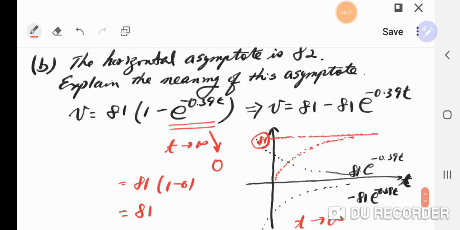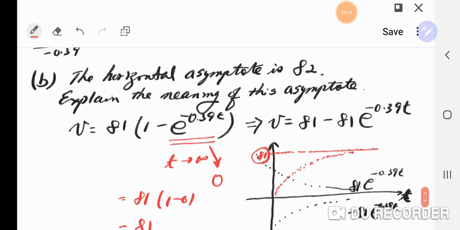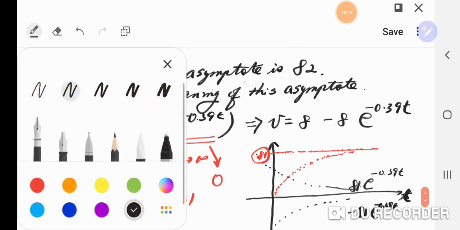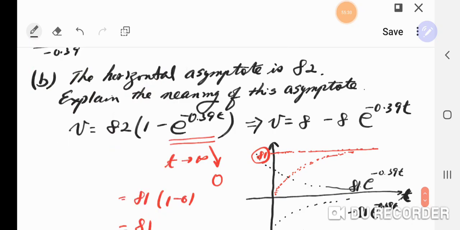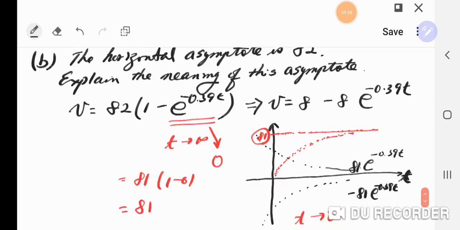So is it 81 or 82? Sorry, it is 82. I made a mistake. So this one is 82, not 81. So the velocity is approaching 82 but never exceeds it.